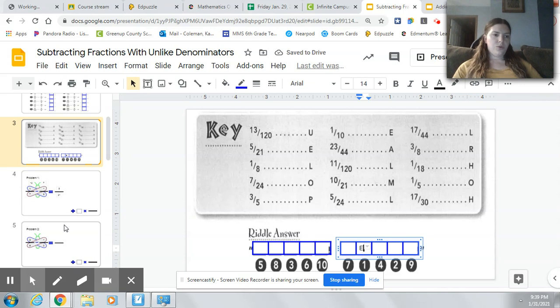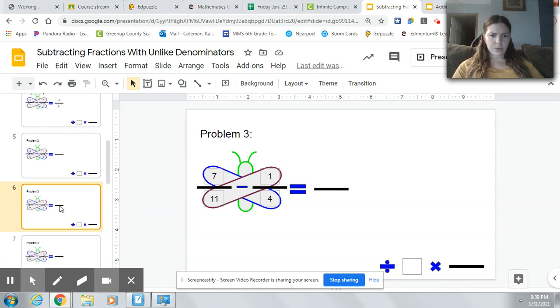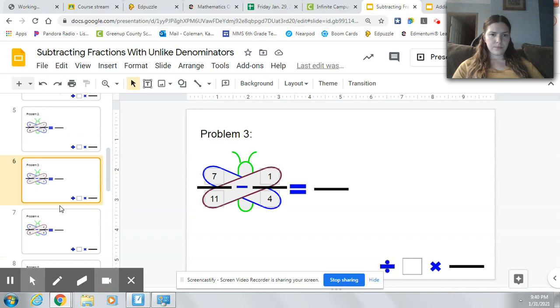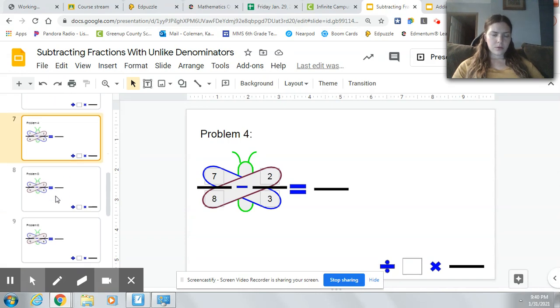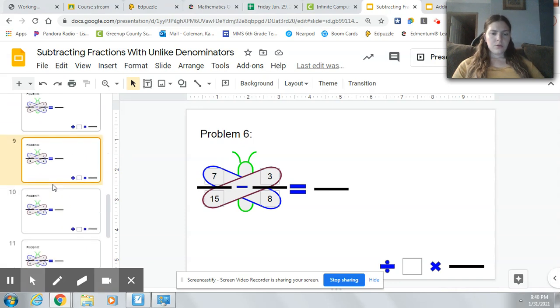Then I'm going to go to problem 2. Let me find one that might be a little more challenging. Okay, I'll do this one. Problem 6. Some of the numbers might be a little larger, and if you ever have to work problems out on the side, you can just use scratch paper at home.